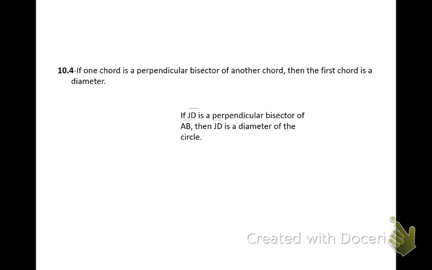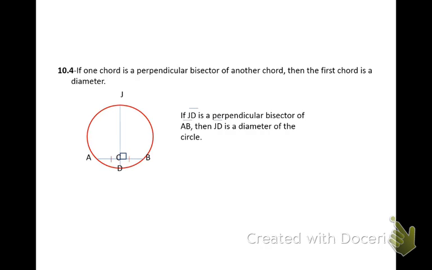Next theorem. If one chord is perpendicular to another chord, then the first chord is a diameter. Looks like this. So we have JD perpendicular to AB, right? So we know that JD has to go through the center of the circle.